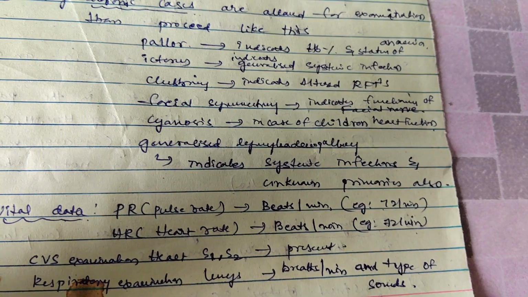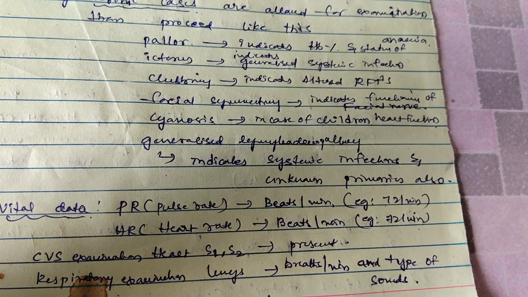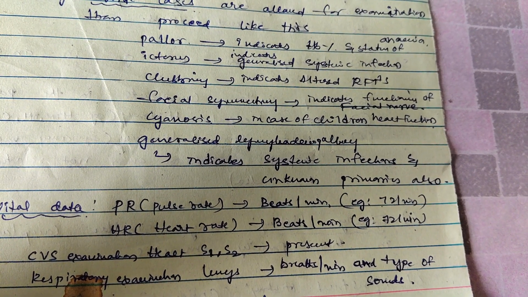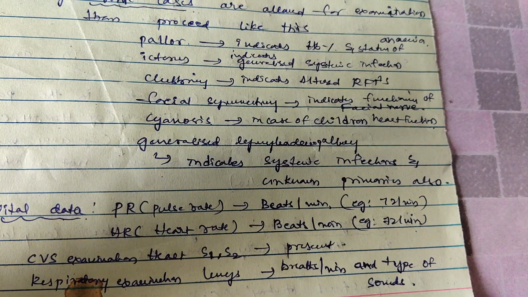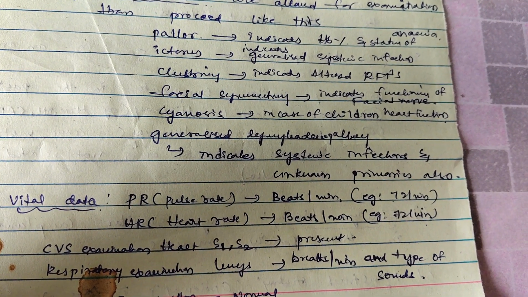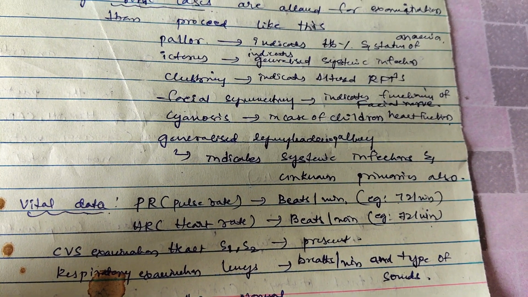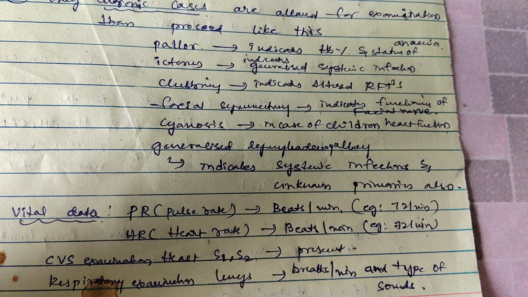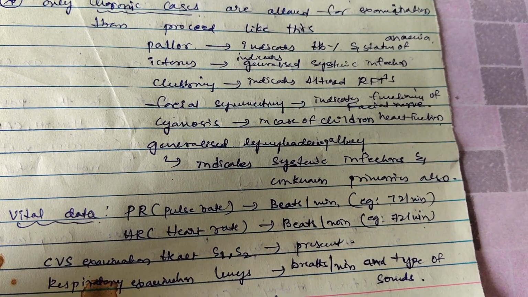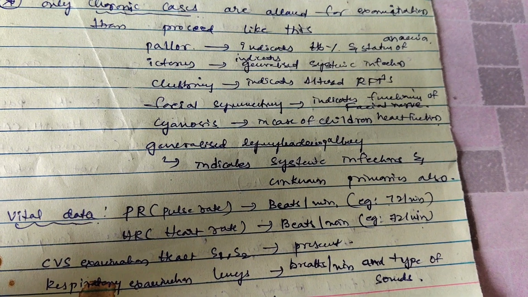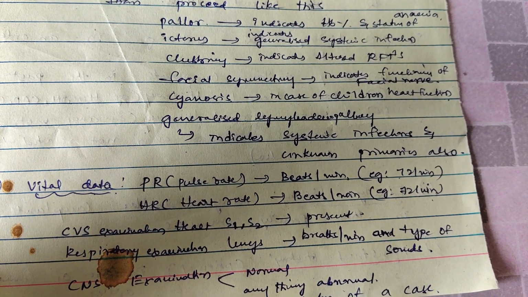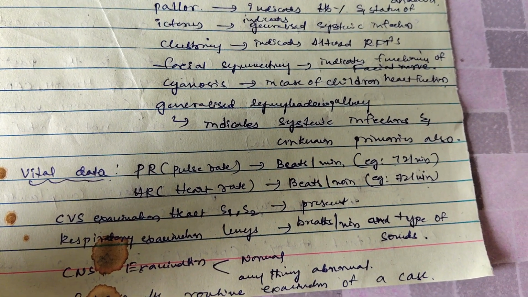Now you remember what adventitious sounds are. Something different from the normal sounds are adventitious sounds, like bronchial breath sounds, rhonchi and all. Now you may recollect it. So normal breathing or not, you can examine the respiratory system at the base of the lungs, by asking the patient to take a deep breath and release, one inspiration and one expiration. So this finishes the respiratory examination, and then comes the CNS examination.